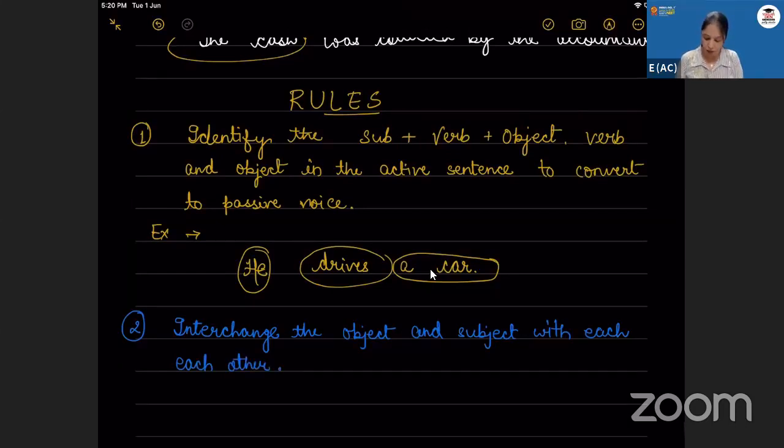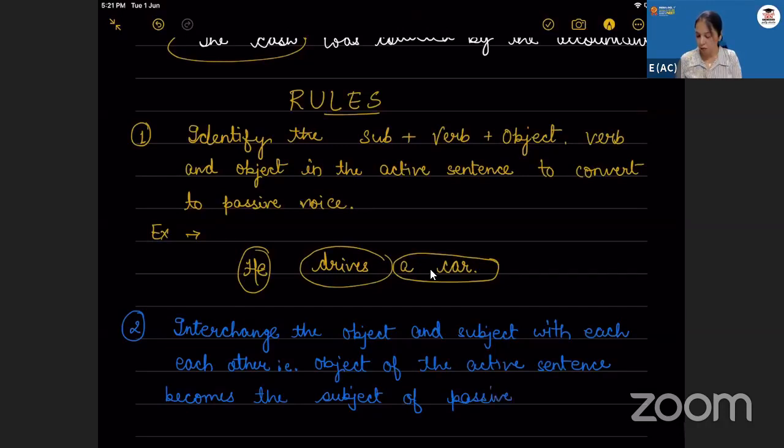The object of the active sentence becomes the subject of the passive sentence. Fine.